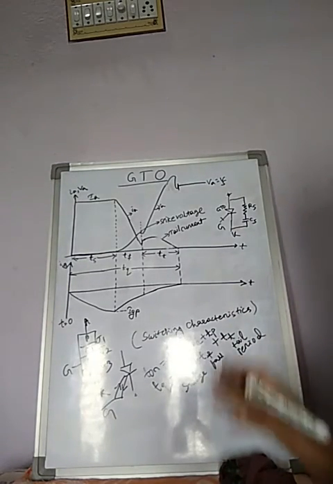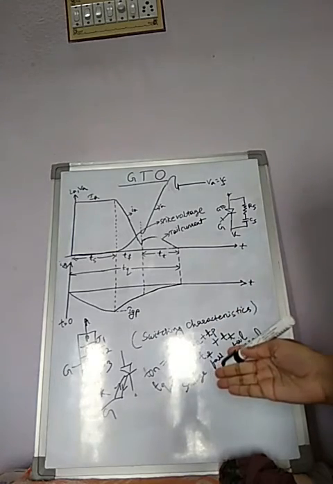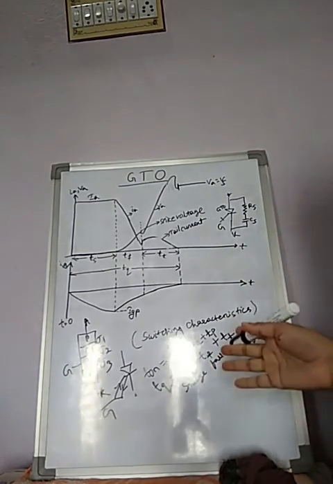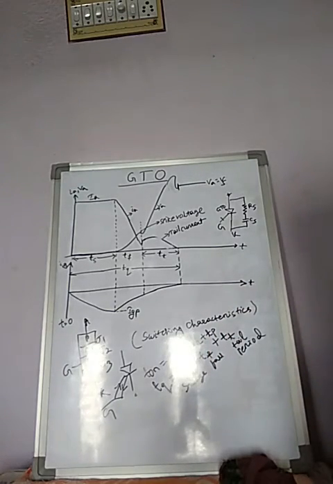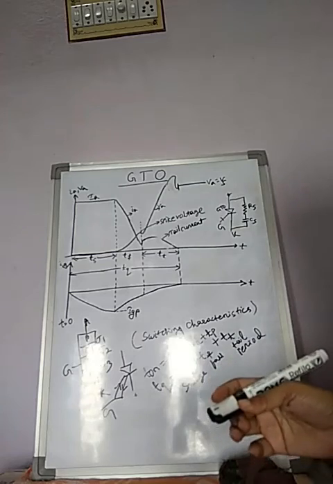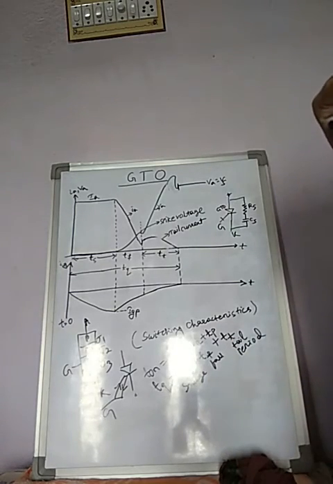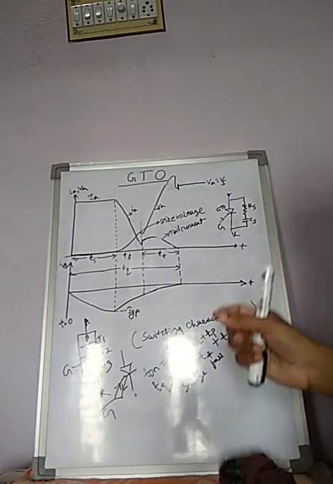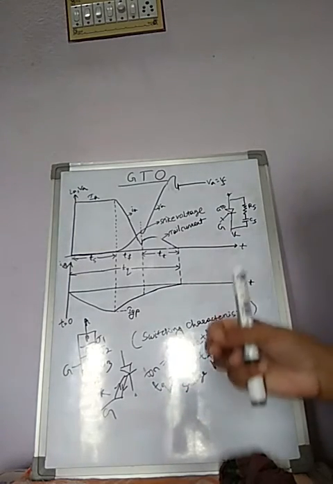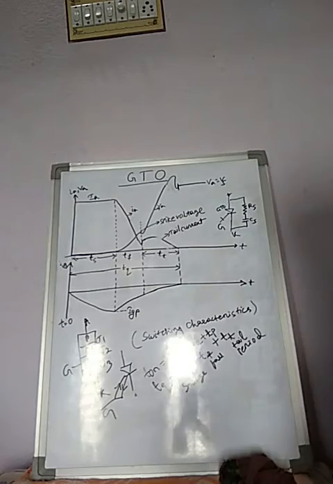Then the GTO unit has reduced electromagnetic noise and acoustical noise due to elimination of the commutation choke. In the commutation process we use elements like an inductor, which we also call a commutation choke.